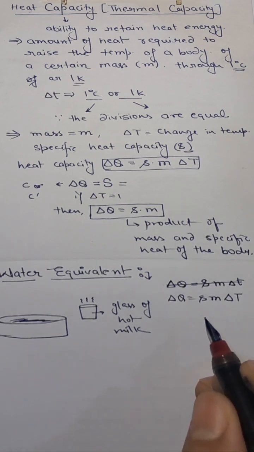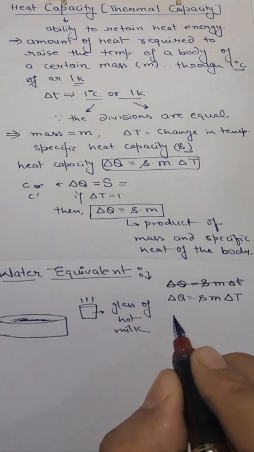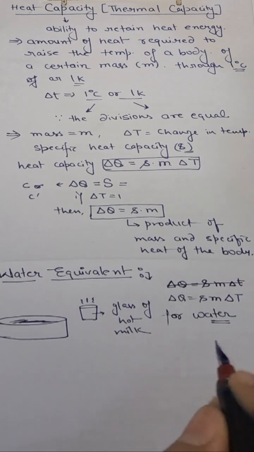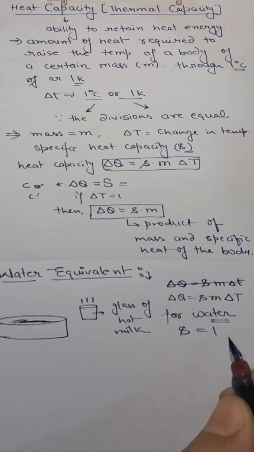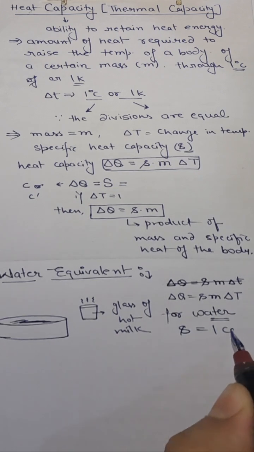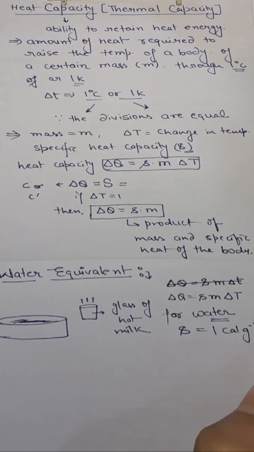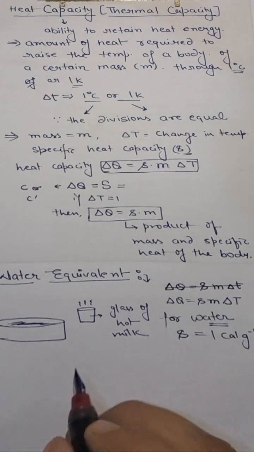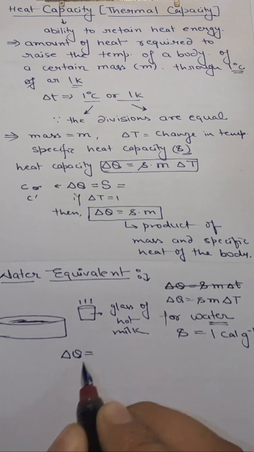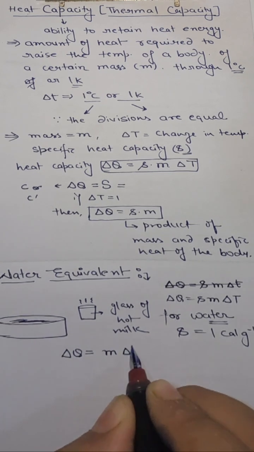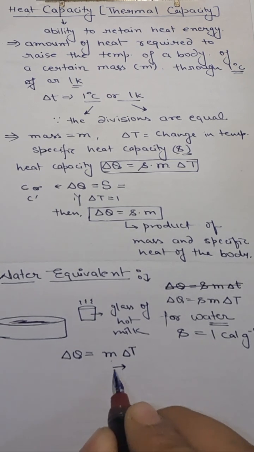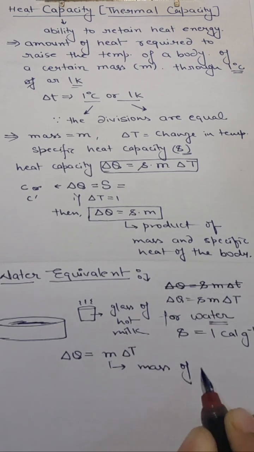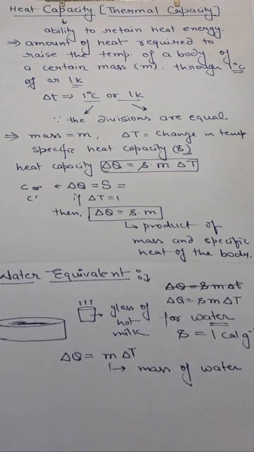So for water, the value of S is 1 calorie per gram per degree Celsius. So delta Q will be m delta T, and this m is nothing but the mass of water.